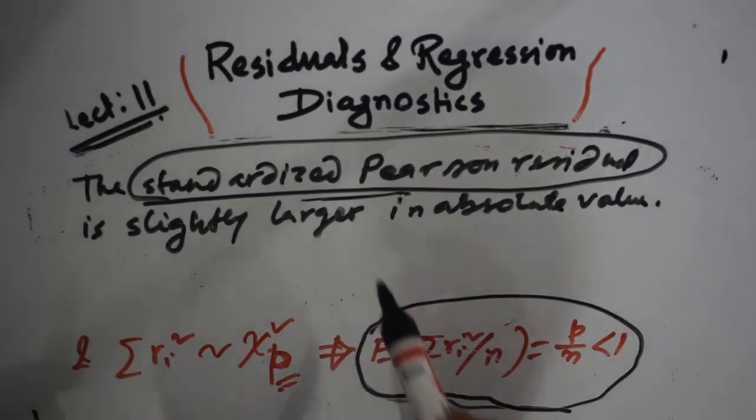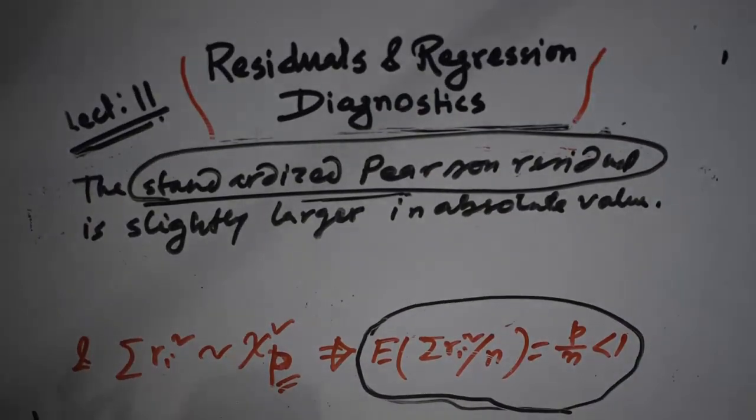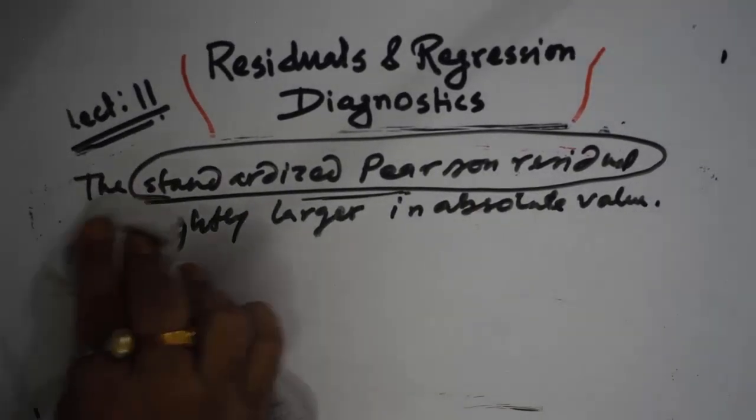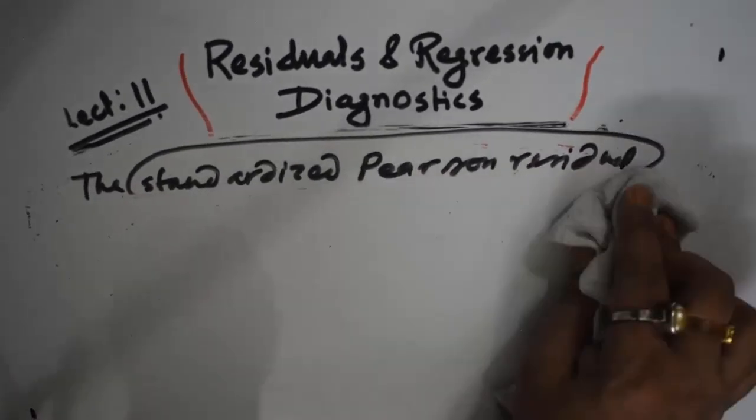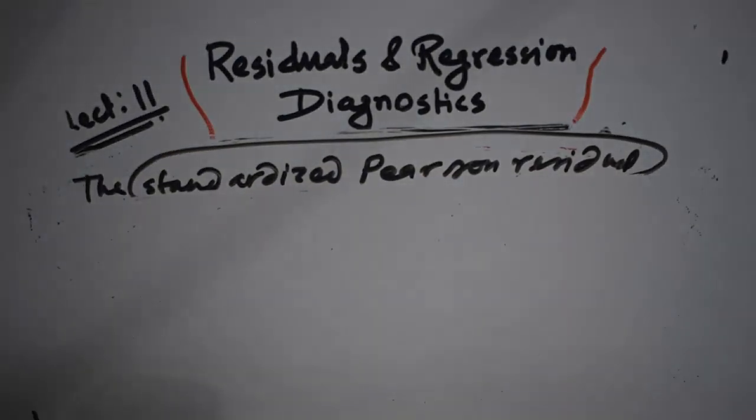So before defining standardized Pearson residual, first I define hat matrix.